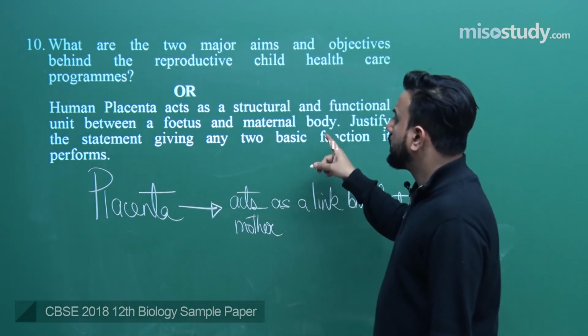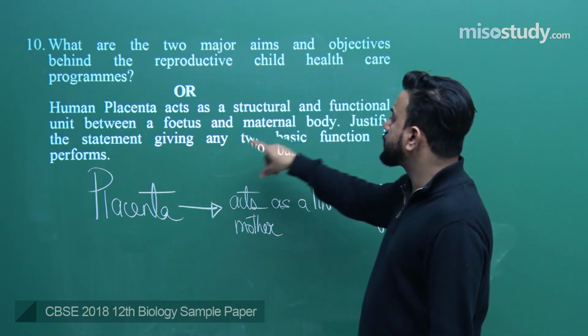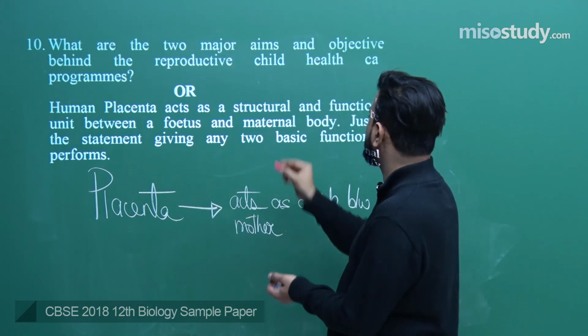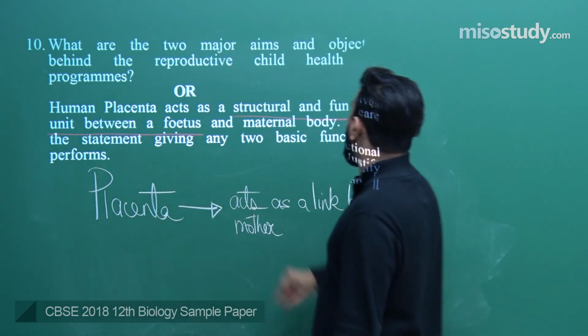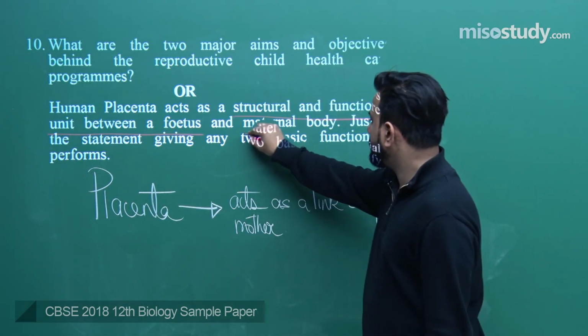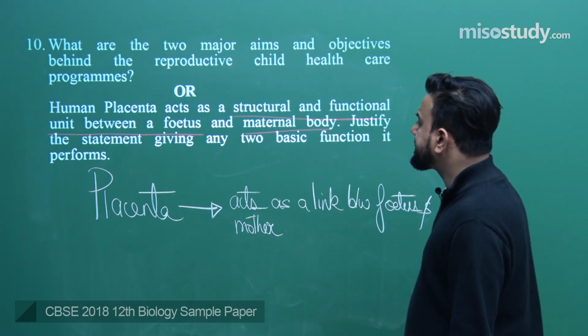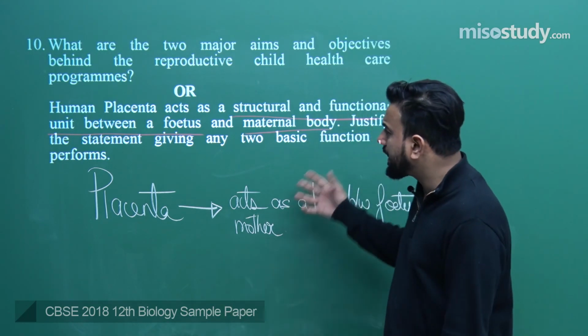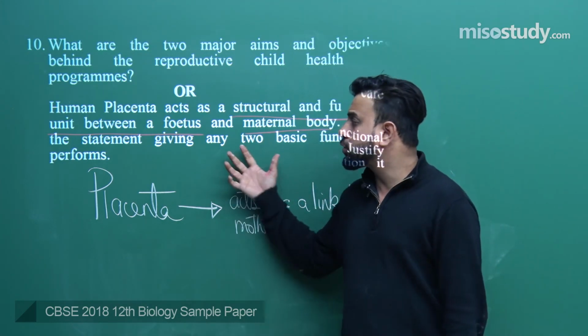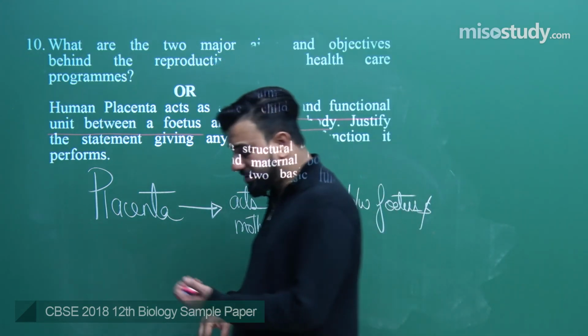So yes, it acts as a structural and functional unit between a fetus and the maternal body. Justify the statement giving any two basic functions. It is justified by stating the two functions. So what will be the two functions of the placenta?